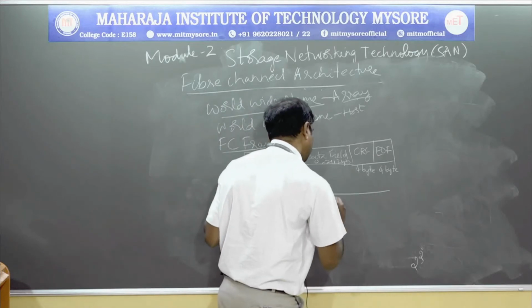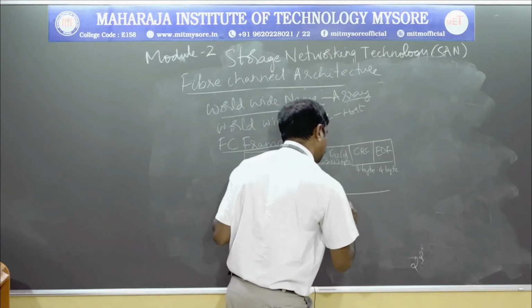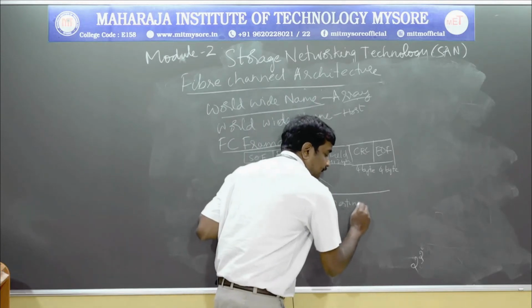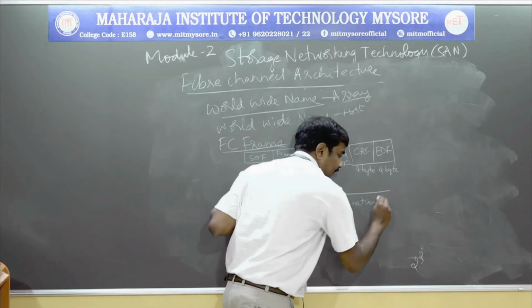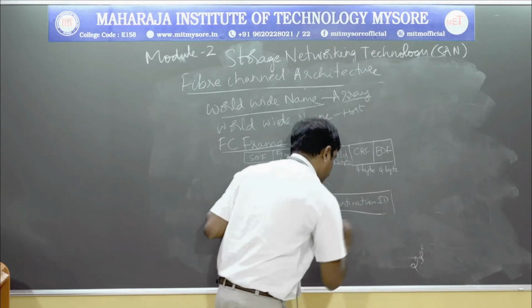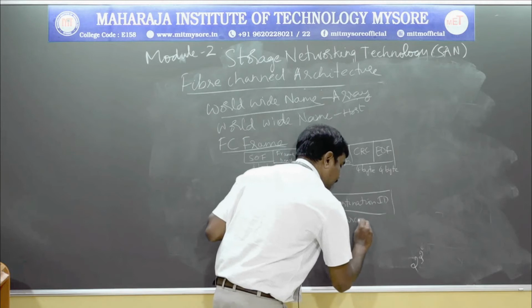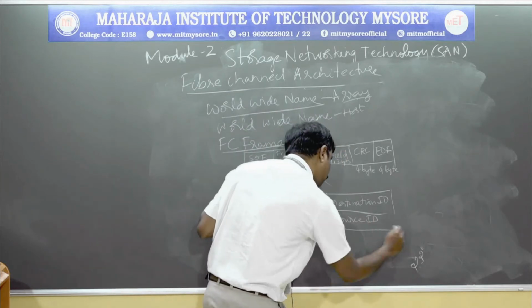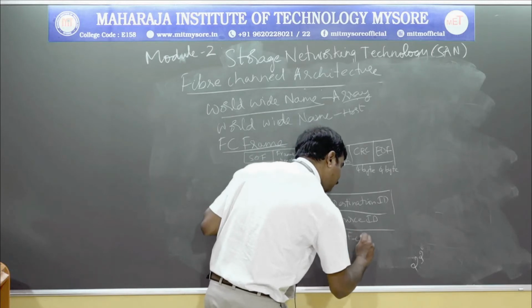Along with that, we need to convey the information of the destination address, the destination ID as well as the source ID, and we have something called F control.